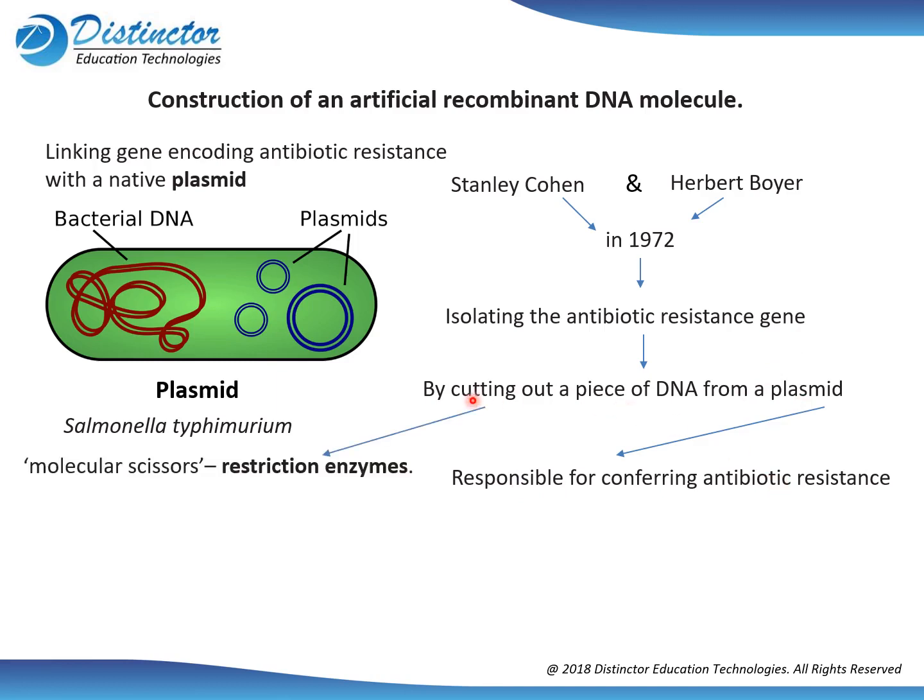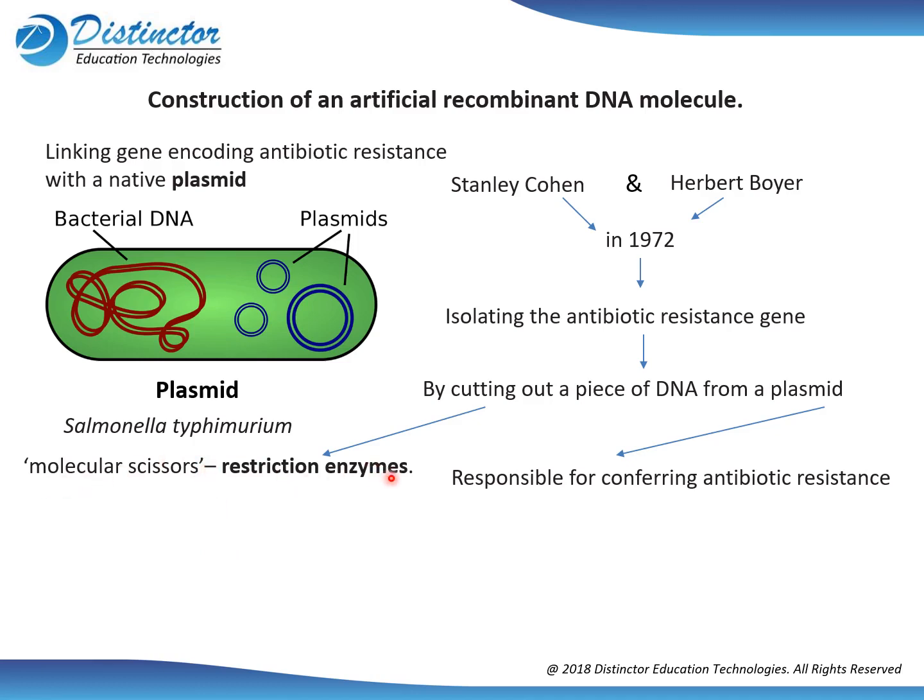They cut the plasmid with the help of a restriction enzyme. We will be studying what a restriction enzyme is. For now, just know that when we want to cut a plasmid or DNA, we use a restriction enzyme, which is also called a molecular scissors. Why is it called molecular scissors? It is an enzyme, so it is a molecule, and it acts like scissors, cutting the DNA or a plasmid.